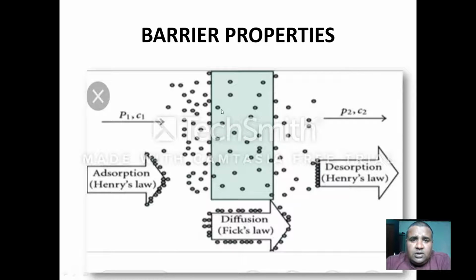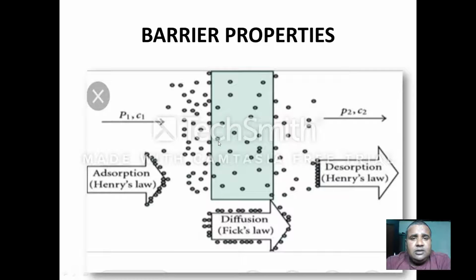This movement of the gaseous molecule or water vapor molecule is explained by Fick's law. According to Fick's law, the flux of the gases or the permeant will be directly proportional to the concentration gradient. Here the concentration gradient is high, and if the concentration gradient is high, there will be higher diffusivity. Finally, after reaching here, these molecules will be evaporated, or there can be a desorption from this surface to the outside environment.